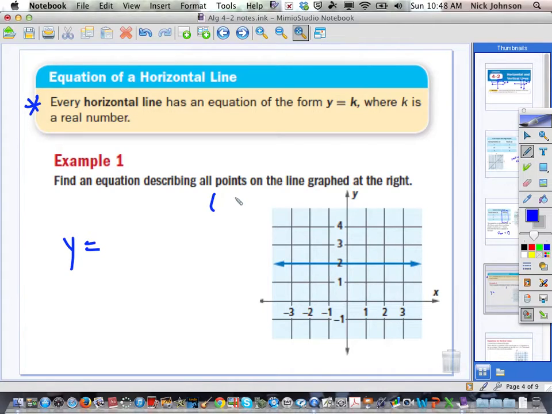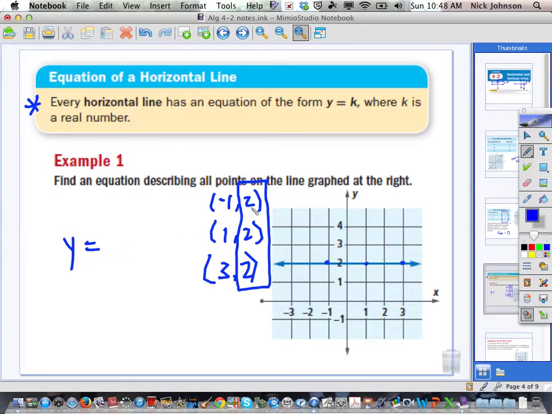Negative 1 comma 2, 1 comma 2, and 3 comma 2 are all points that lie on that line. And as you can see, what's all the same? My y's are all the same. Where are my y's the same at? Well, they're the same at 2. So it's a horizontal line going through 2.